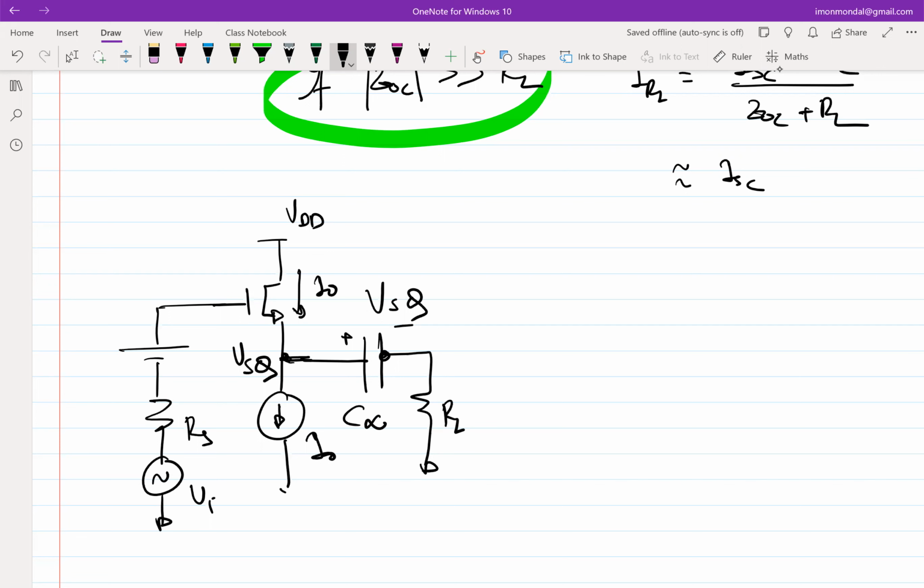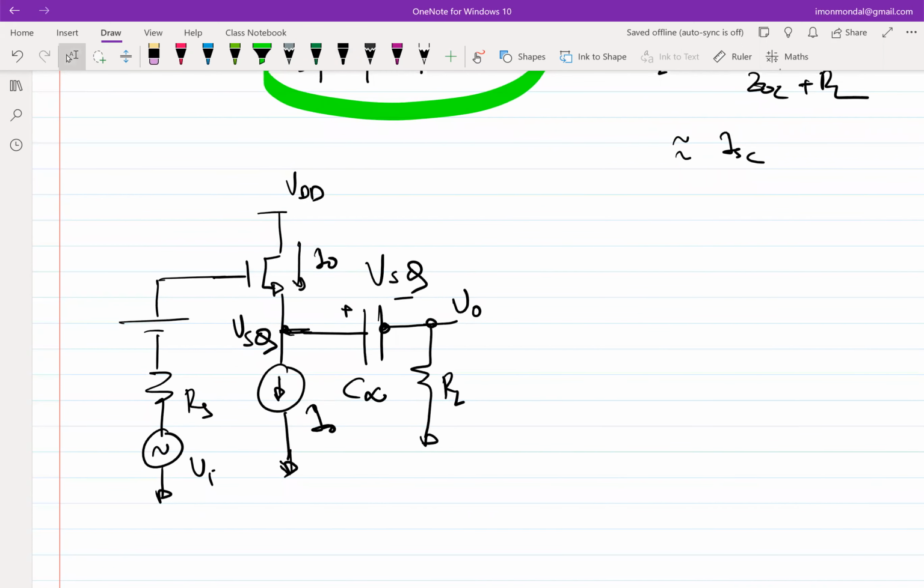Okay. So now if this is C infinity, I can then try to figure out what will be the incremental voltage at V0. Now, we did this analysis in the last class. I would like to draw your attention to one particular thing.